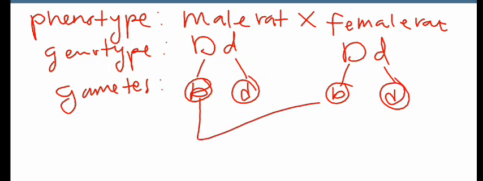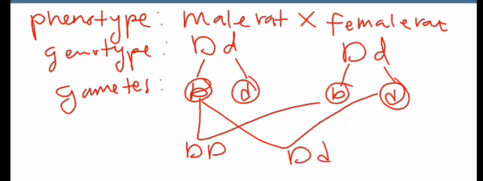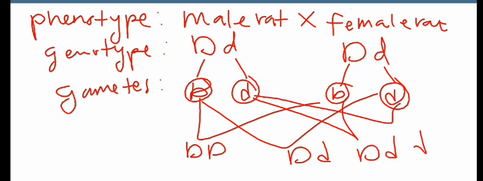So this one is going to be crossed with this one, and then we are going to have capital letters for D. Then here we are going to have capital letter and small letter. Here we need to have capital letter and small letter. Then even here we are going to have small letters.